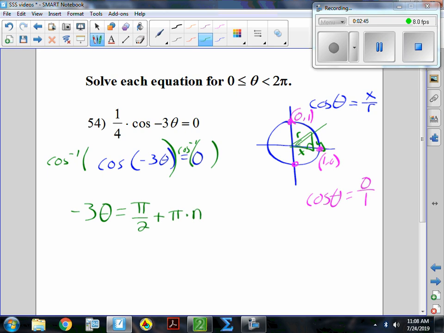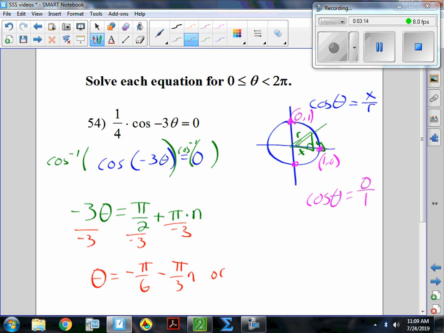So pi over 2 plus pi is 3 pi over 2, plus pi is 5 pi over 2. So now we're getting into coterminal angles. Anytime we're solving for a multiple angle, we're going to use the general solution. Then I get the theta by itself. So divide both sides by -3. And theta will equal negative pi over 6 minus pi over 3 n.